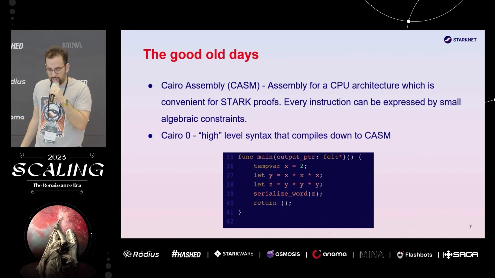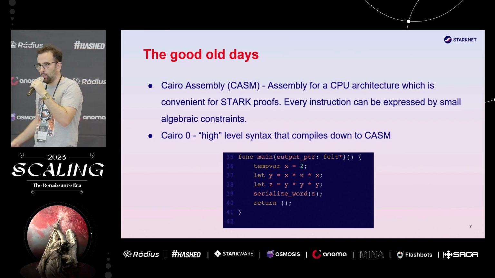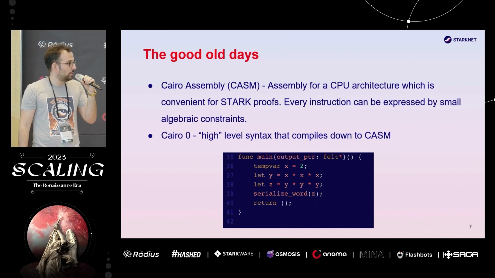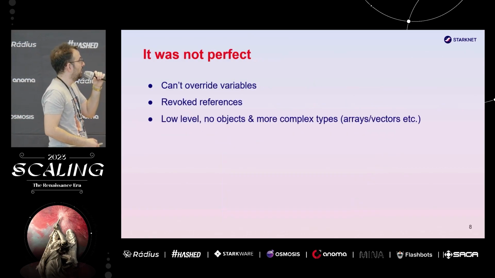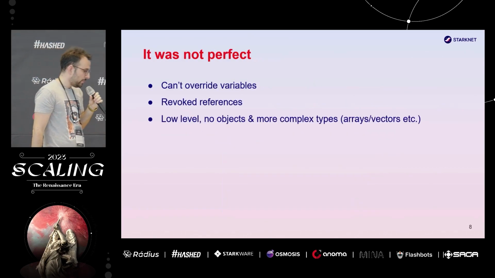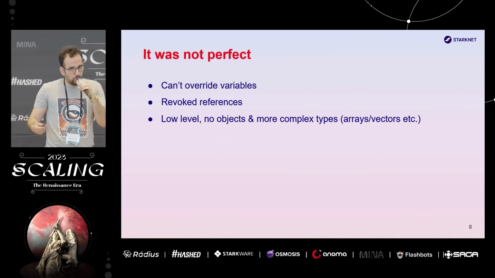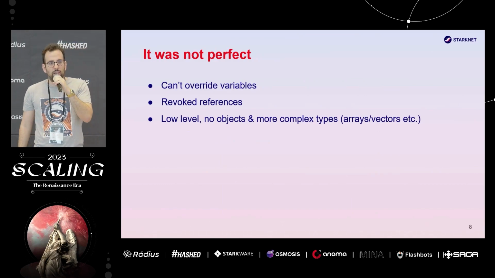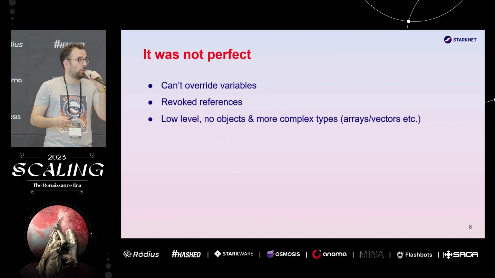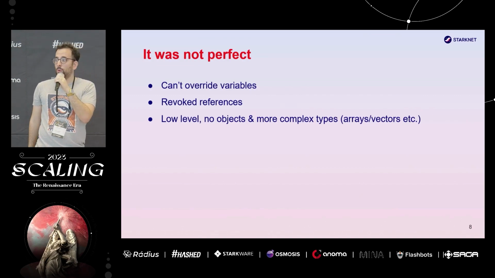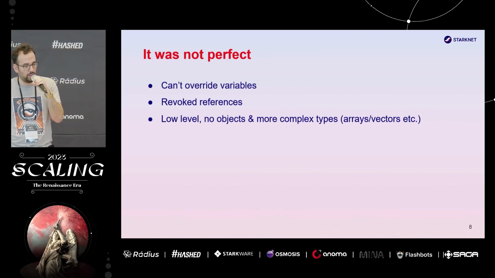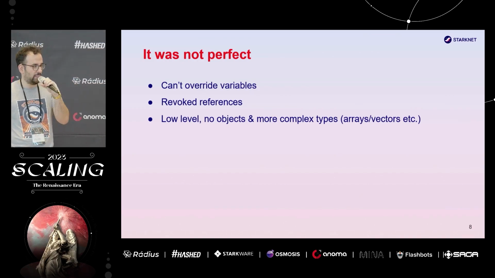While developers wrote complex and meaningful business logic in Cairo 0, there was still a lot to improve. Just to mention a few of the known pain points, you couldn't, for example, override variables. There were no features that are well known in modern languages: type systems, arrays, inheritance, that sort of stuff.